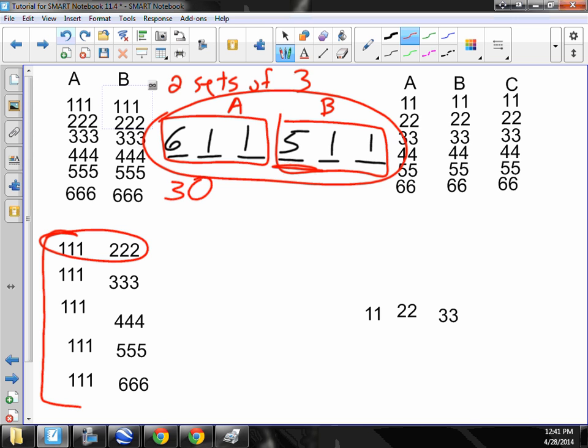Right, and here's where it gets tricky. How many ways are there to place the digits in group A? 6 choose 3, because there are 6 spaces, and we want to fill 3 of the spaces with the same number. Let's say we want to fill 3 of the spaces with 4s, for example.